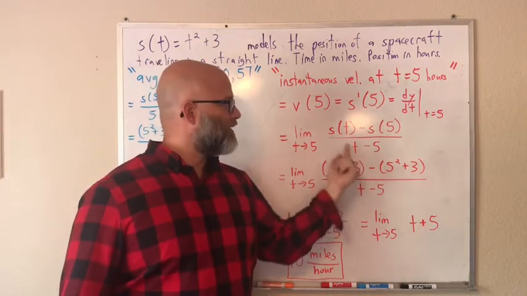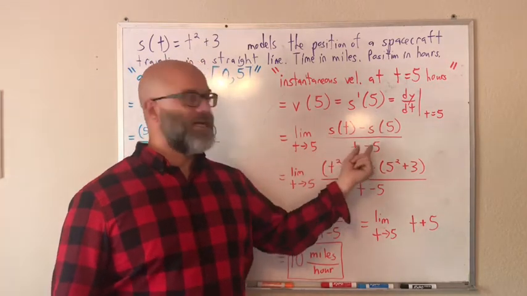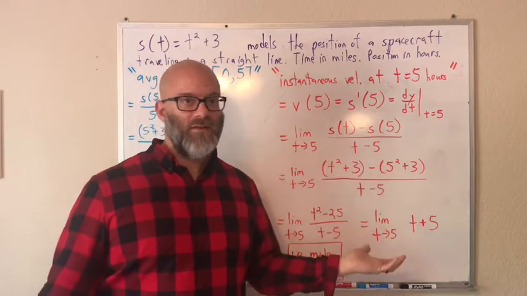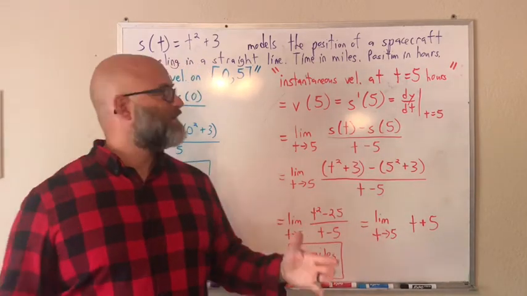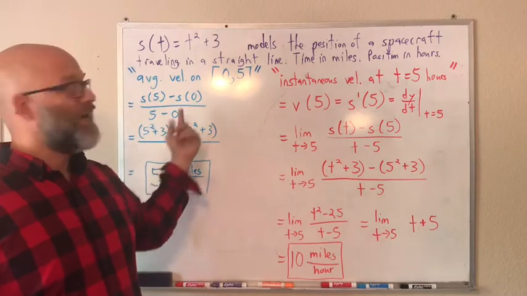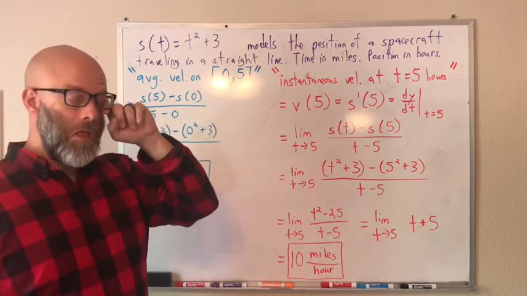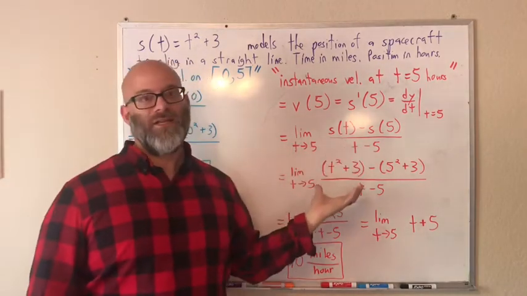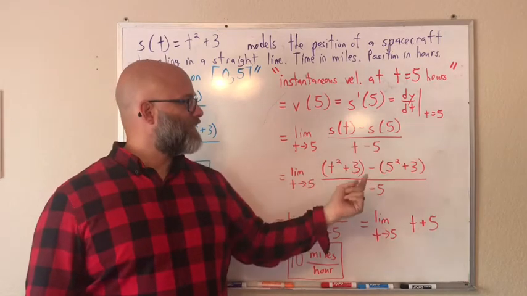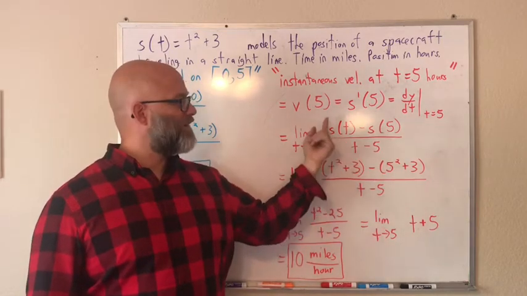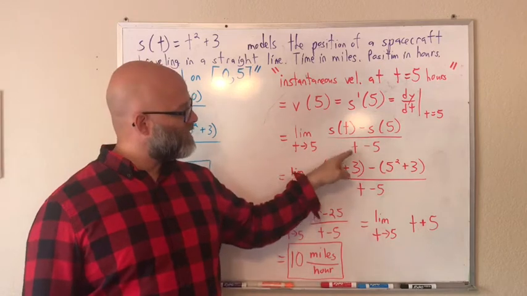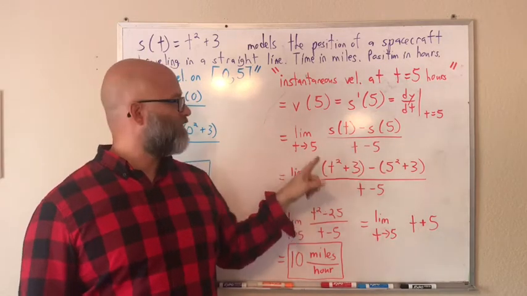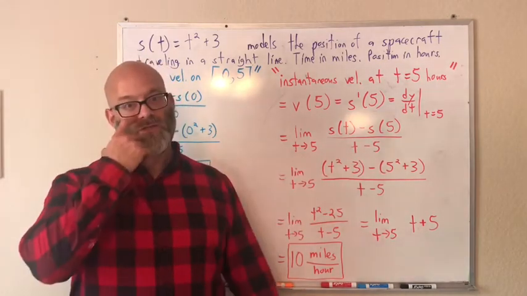Here we use 2 points, in this case (5, s of 5) and (t, s of t), and solve a difference quotient. The only thing is, over here, these 2 points are spread out from 0 to 5 hours. But over here, they're basically going to be at (5, s of 5) and as close to (5, s of 5) as you can get. And the way we make this (t, s of t) infinitely close to (5, s of 5) is by driving t infinitely close to 5.